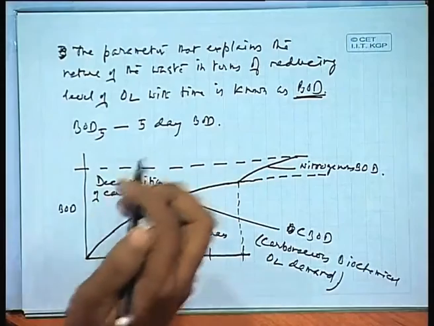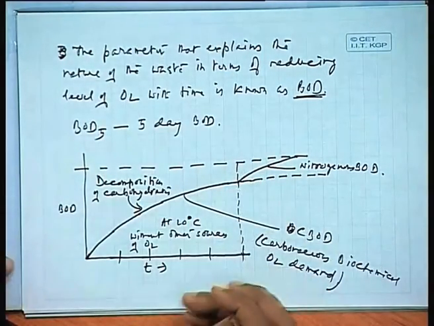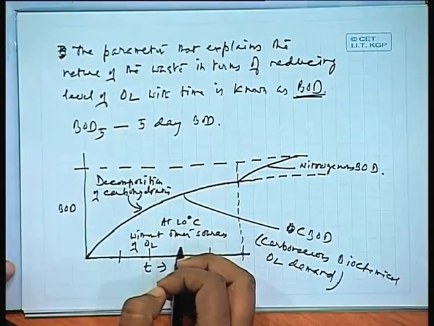So what we find out in BOD5 essentially is carbonaceous biochemical oxygen demand.